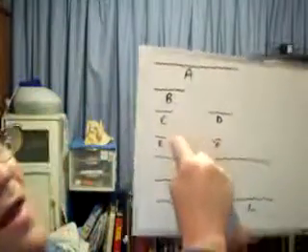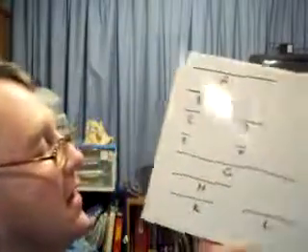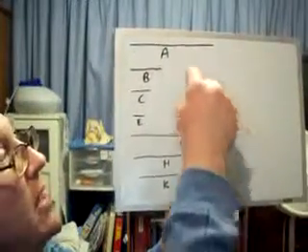E times D makes L. And E times F makes B. E times F makes B. All right. Slow and steady now.